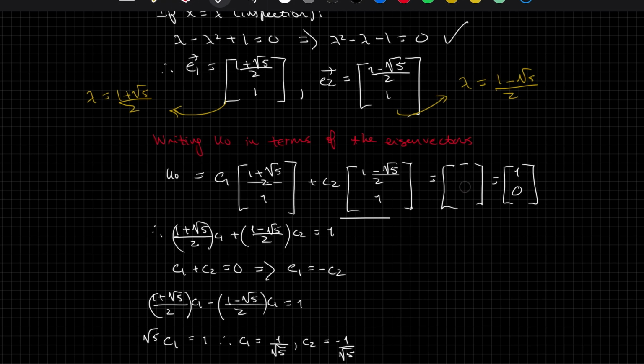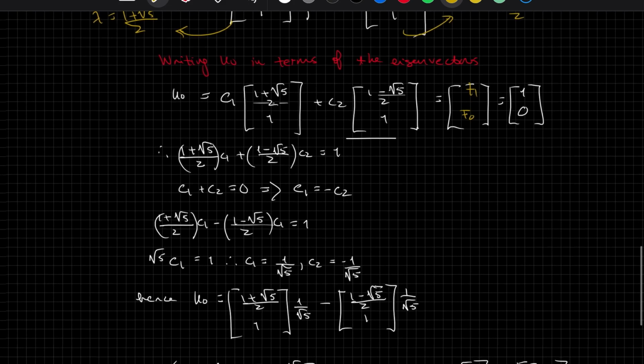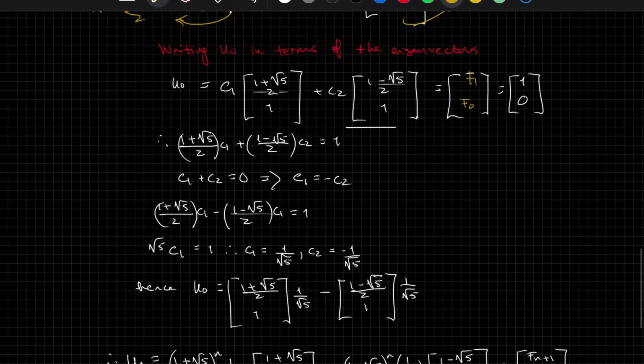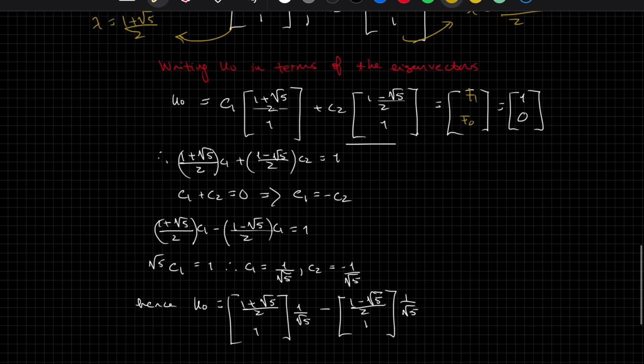This should be f of 1, f of 0. Okay, so then we just solve the equations. We use the top elements of the vectors to form this equation, and then we use the bottom elements to form this equation.